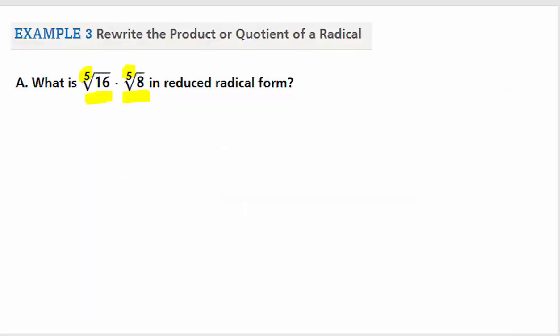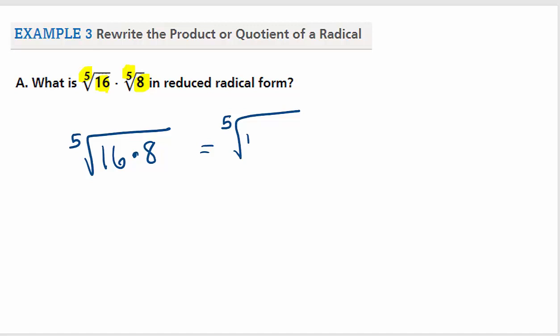And when I say radicand, I'm talking about the 16 and the 8. So I'm going to make a 5th root, and I'm going to put 16 times 8 underneath it. Then I'm going to actually do that math. So I'm going to change that to be 128.